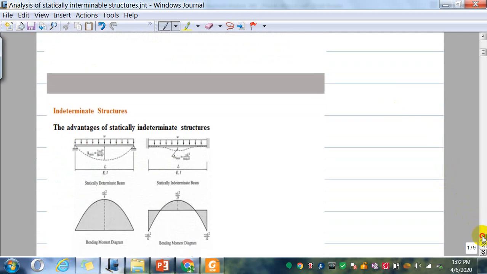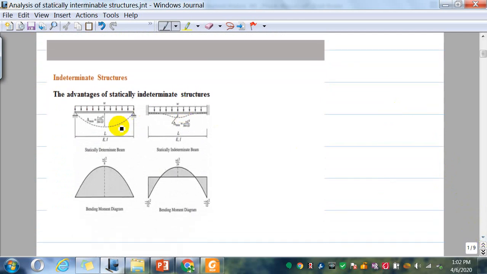Now let me show you an advantage of a statically indeterminate structure. On your left hand side is a statically determinate beam, and this is a statically indeterminate beam. How has this been converted to a statically indeterminate beam? Here you can see there's a pin and a roller.